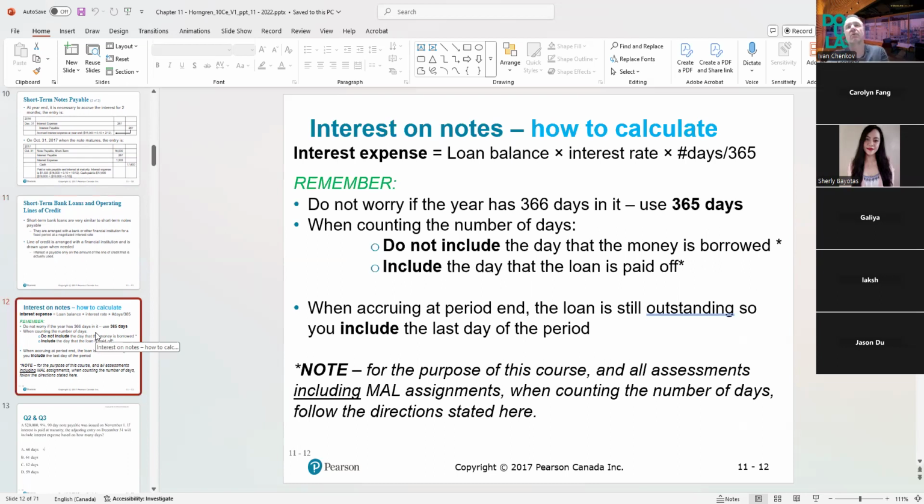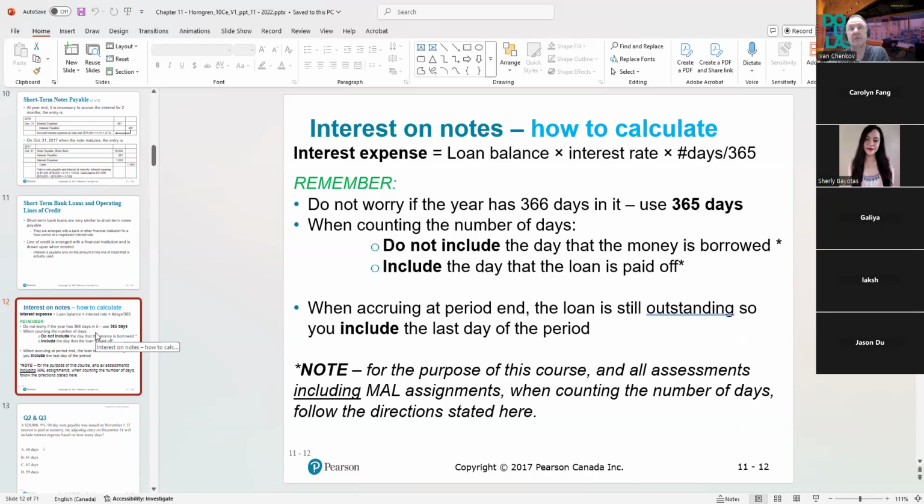Now, how are we going to calculate the interest here? Interest expense will always be the amount of the loan times the interest rate, which is on an annual basis.